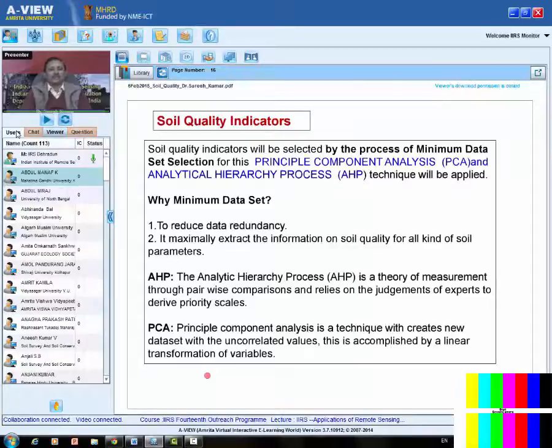If two properties are correlated, and you use both of them for the soil quality assessment, it is giving only more properties, but it is not giving newer information. That's why we want those properties which are not related to each other. So that's why we do the principal component analysis.